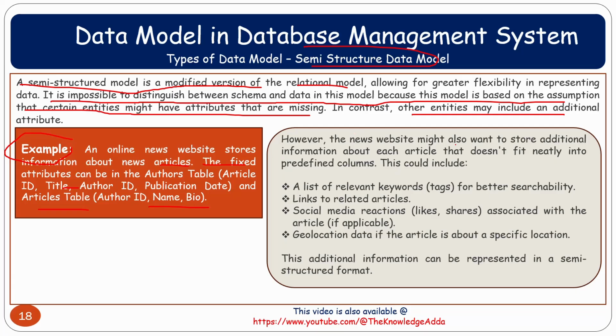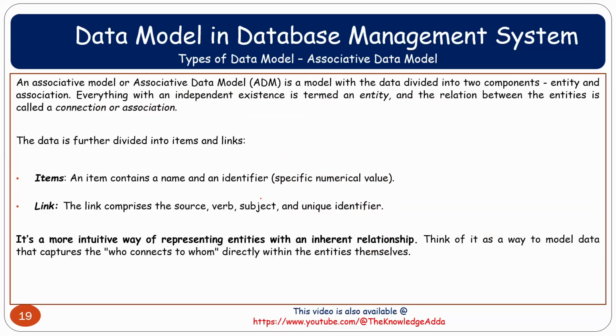However, the news website may also want to store additional information about each article that doesn't fit neatly into the predefined columns. This could include a list of relevant keywords for better searchability, links to related articles, social media reactions, and geolocation data if the article is about a specific location. So there is some limitation of this also.